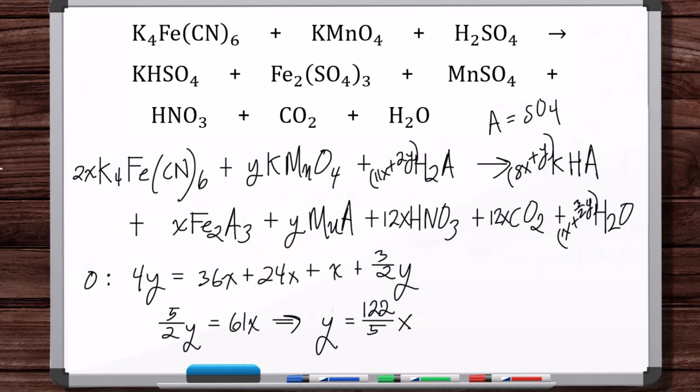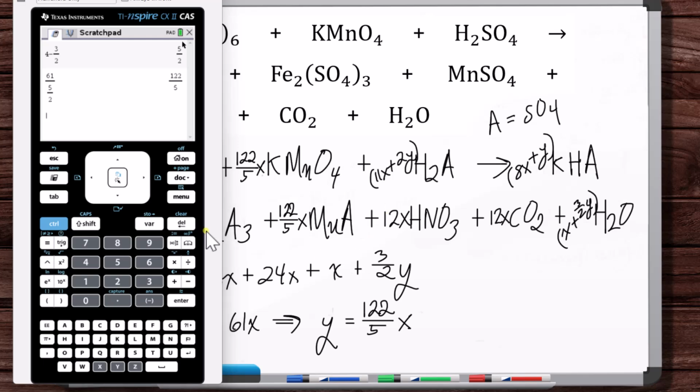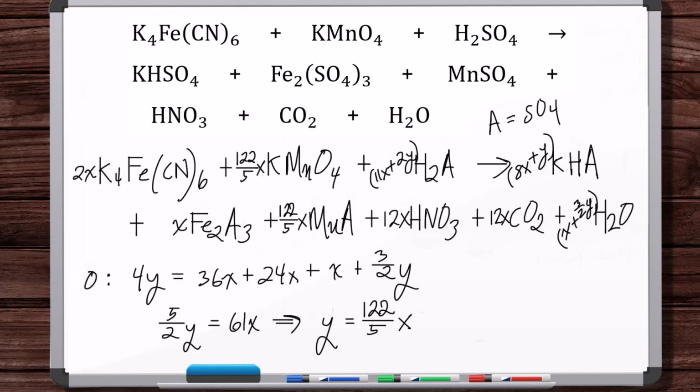So now let's substitute Y so we can get everything in terms of X. Okay, now let's see, so 2 times Y plus 11. 299 divided by 5.